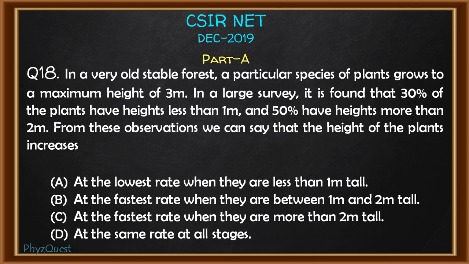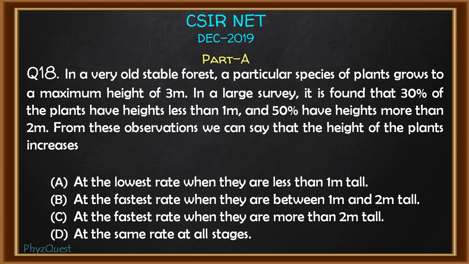So the question is: in a very old stable forest, a particular species of plants grows to a maximum height of 3 meters. In a large survey, it is found that 30% of the plants have heights less than 1 meter and 50% of the plants have height more than 2 meters.